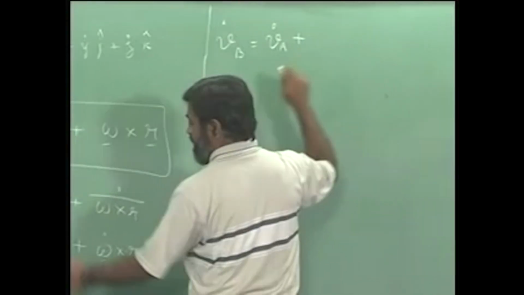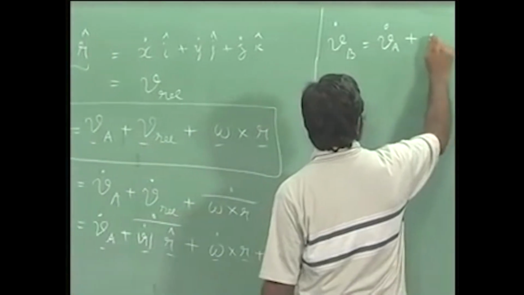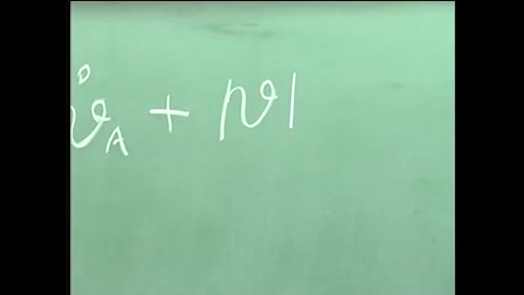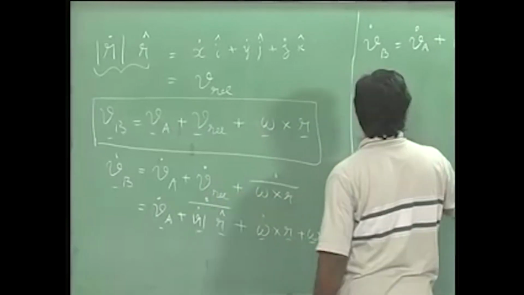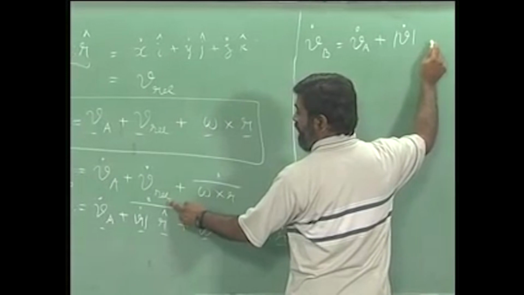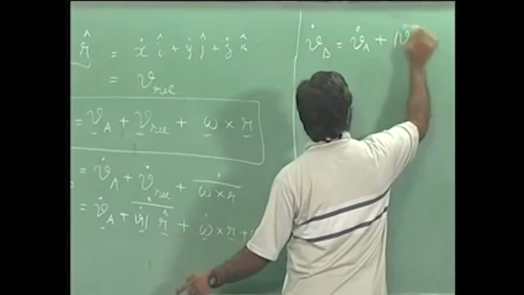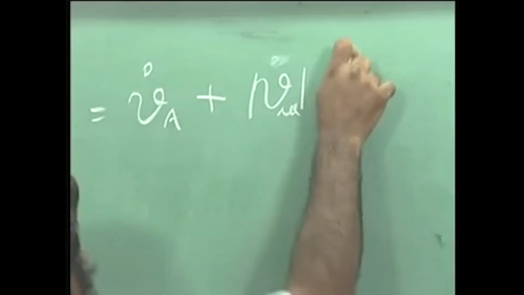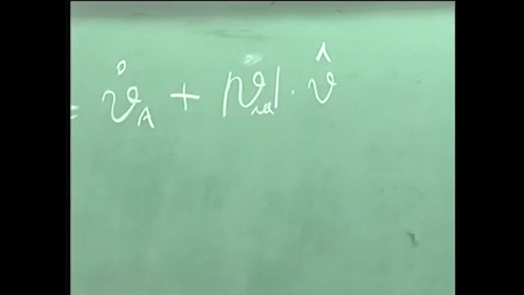So let me write it as either this way or this way. I have V dot magnitude. Let me write it like this: V relative magnitude times V direction, okay.